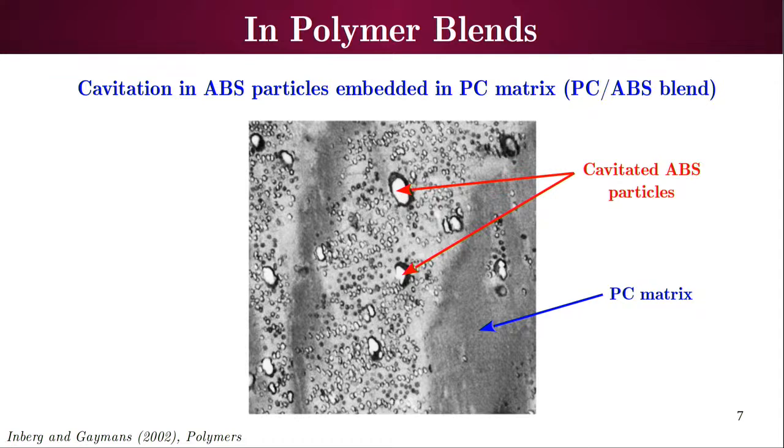The ABS again consists of two parts: one is a rubber particle, the other is the SAN matrix. So when loading happens, this rubber particle cavitates at very low load levels and forms a hollow sphere. So now this is like a polycarbonate matrix with voids everywhere, and these voids now govern what kind of behavior this PC-ABS blend is going to show.